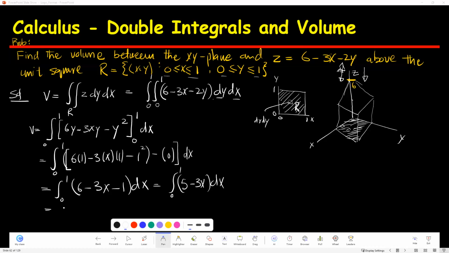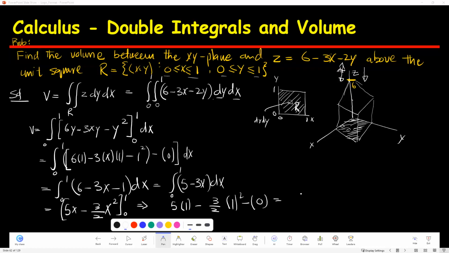I'm going to solve this one. It's going to look like 5x minus 3 divided by 2 times x squared, with the limit 1 to 0. If I substitute the values, it's going to be 5 times 1 minus 3 by 2 times 1 squared, minus 0. Let's simplify it further.